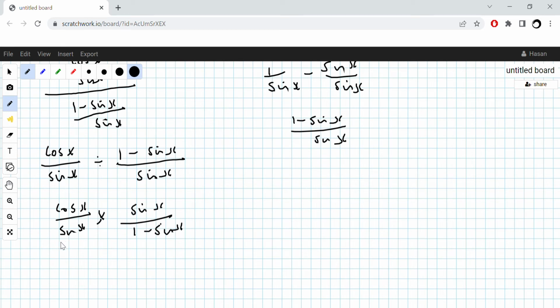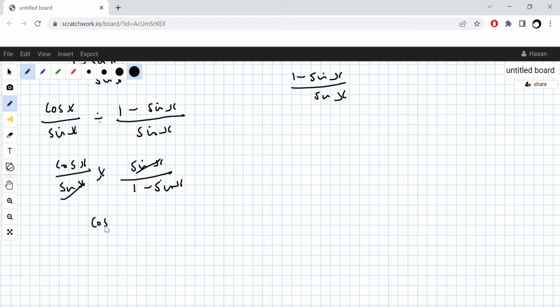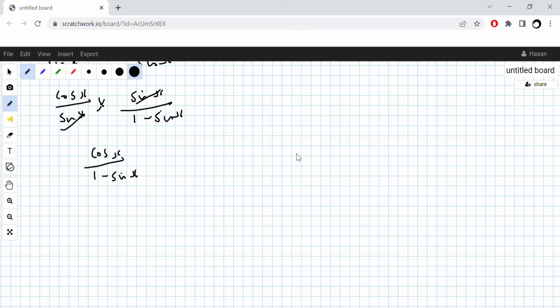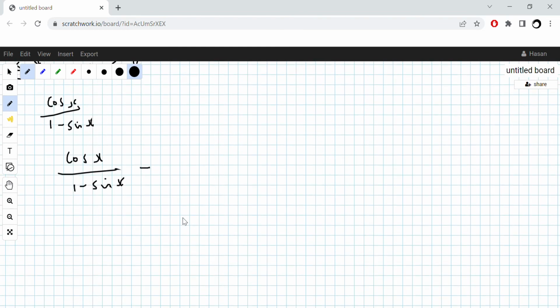The sine x's will cancel out, so now you're left with cos x over 1 minus sine x. We need to subtract cos x over 1 plus sine x. So we're going to have cos x over 1 minus sine x subtracted by cos x over 1 plus sine x.